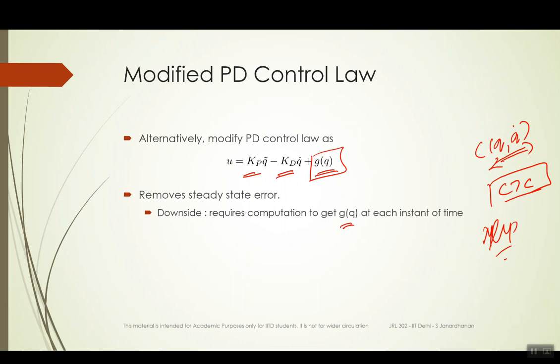If the gravity term is large, then an approximate compensation of the gravity term is also good enough to reduce the error, and a larger value of the proportional gain kp also helps in reducing the error.